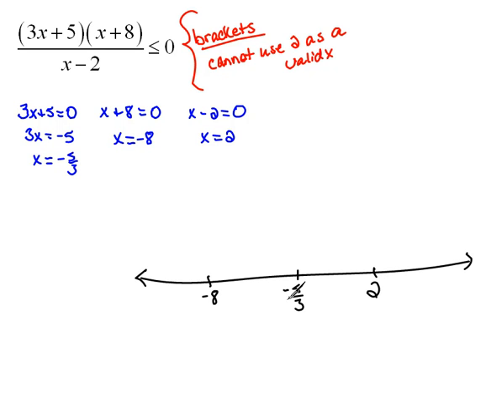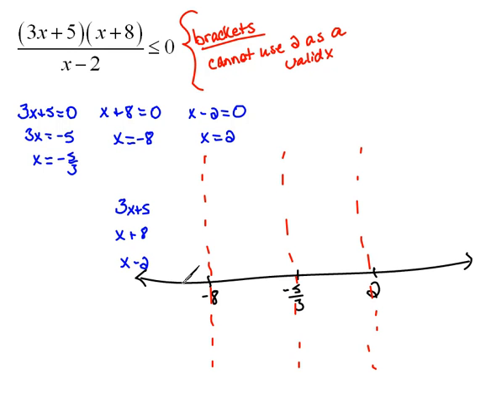We're just looking at what's going on around them. So as long as they're in the right order, that's all that really matters here. So I'm going to separate out my number line, and then I'm going to write each one of those factors. We had a factor of 3x plus 5, x plus 8, and our denominator was x minus 2.